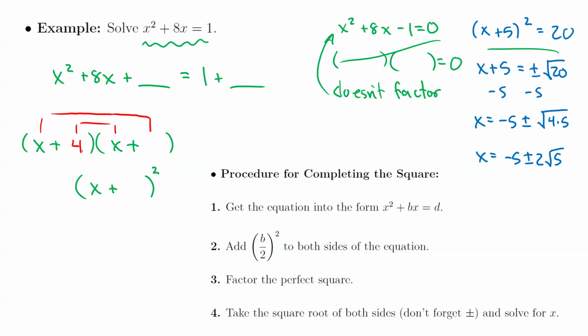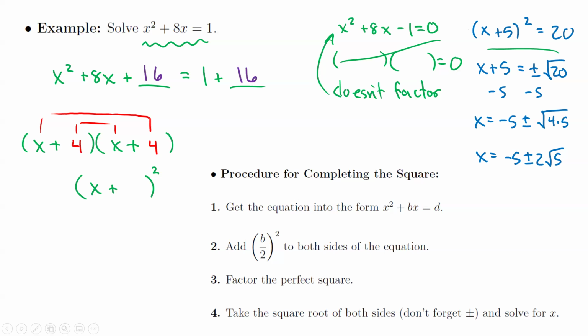The only way that that would work is if there's a 4 here and here, right? Because then I'd have 4x plus 4x gives me 8x. If you put 4s in both of these spots, then that would have to mean that 16 would go right here, right? Because 4 times 4, the last times last, makes 16. And if I add 16 on the left, I've got to add 16 on the right.